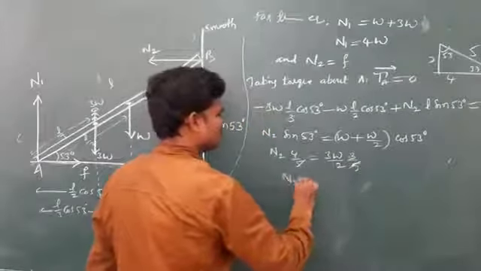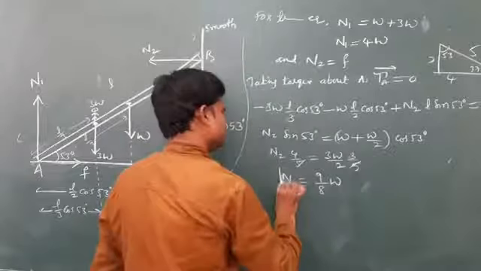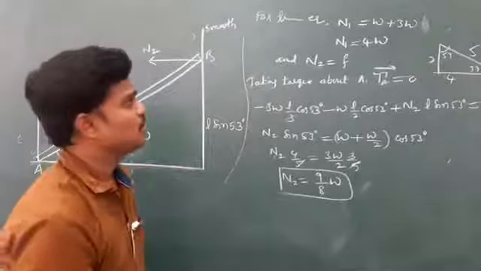So N2 is equal to 9 by 8 W. So if the weight is given, we can get N2.